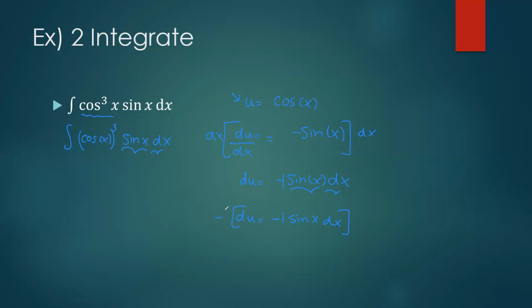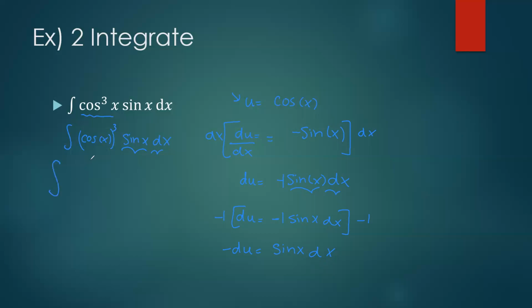So on the left side, you're left with negative du. And on the right, negative 1 times negative 1 is positive sine x dx. Okay, it's everything that we need because we have a sine x dx, which is perfect.